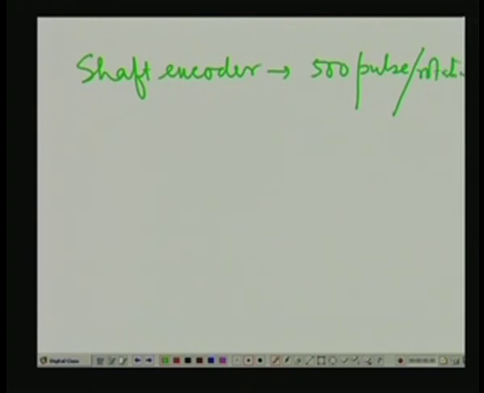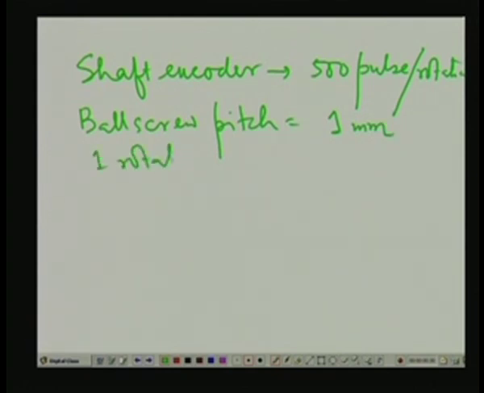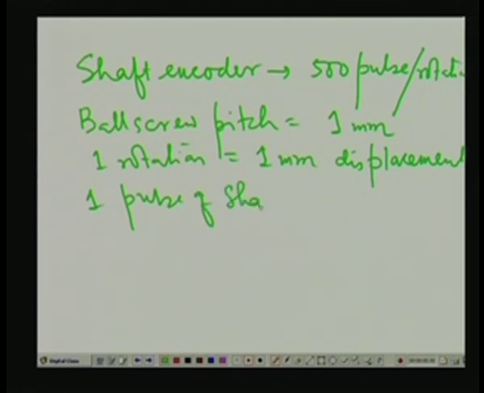On the other hand, the ball screw pitch is say 1 mm. So, 1 rotation is equal to 1 mm advancement, 1 mm displacement. Now, 1 pulse of the shaft encoder is equal to 1 by 500 mm, which is equal to 0.002 mm.